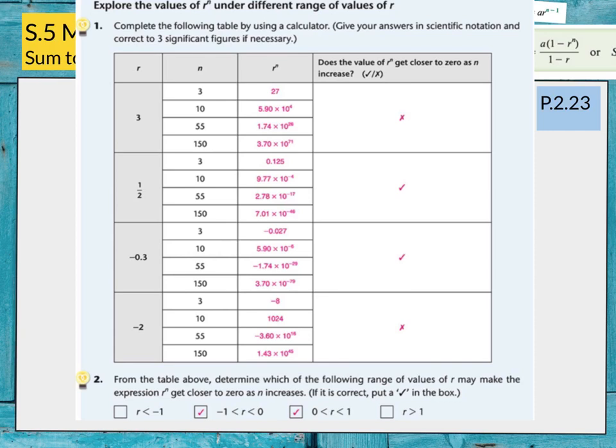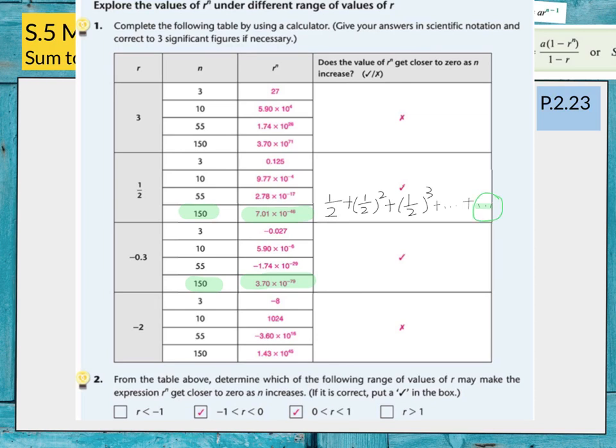So when you look at the R which is close to 0, like these two cases, when the power is large, actually the value will be pretty close to 0, right? Why is it so important? That means if you add all the terms, at some moment you are adding something which is pretty close to 0.